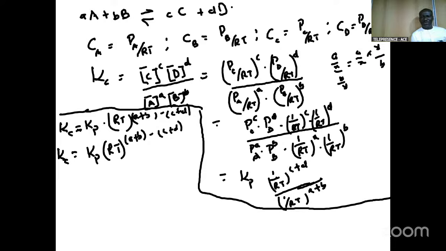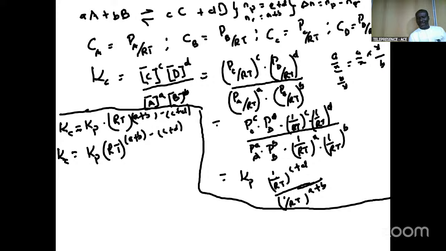From this equation, the total number of products is C plus D, while the total number of reactants is A plus B. Now, what we have done here is change in n equals n products minus n reactants. So change in number of moles will be total number of moles of products minus total number of moles of reactants. That's what this stands for.